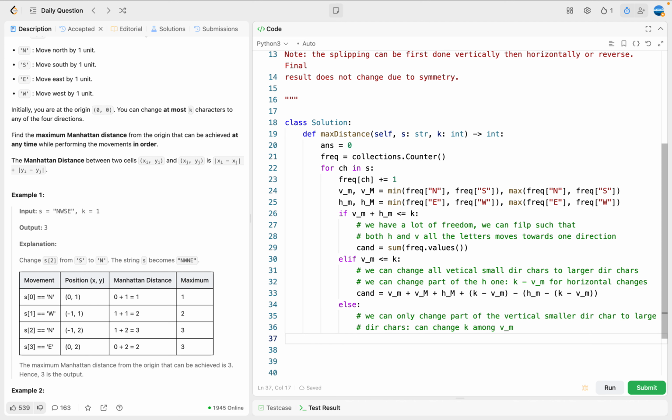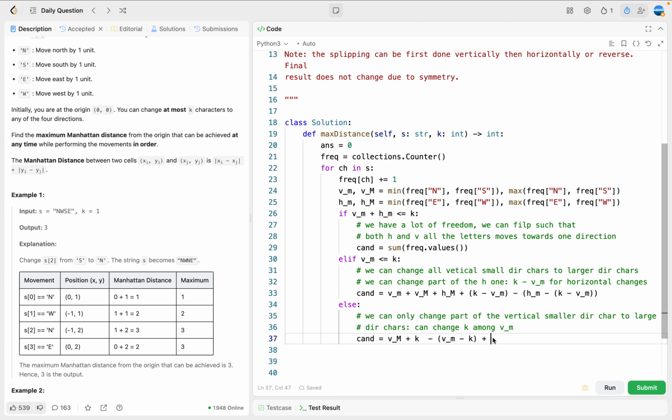So in this case, vertically, we have capital Vm, and then we can add this k, and then we are going to minus, because it's smaller direction, Vm minus k, right? So this is the contribution of vertical direction.